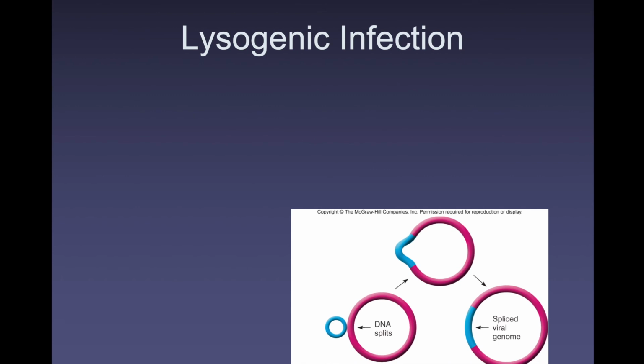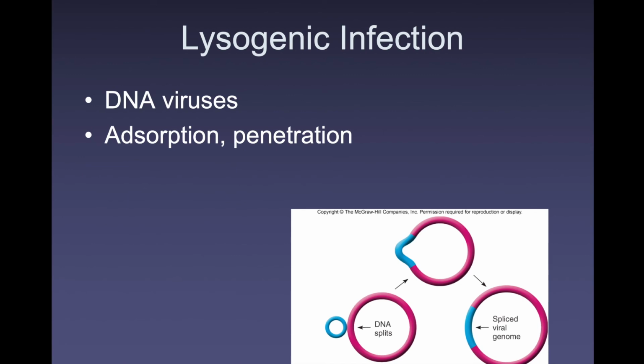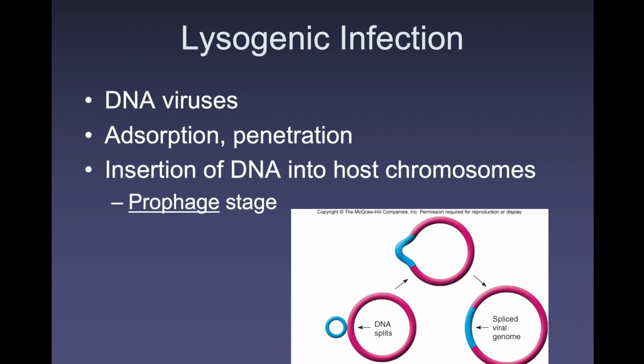Okay, and the third type of bacteriophage infection would be the lysogenic infection, or the lysogenic stage for a temperate phage. In this case, we are also dealing with DNA viruses. These guys undergo the process of absorption and penetration, just as we saw before with a lytic bacteriophage, but instead of progressing into a productive infection, after penetration, that DNA for the virus circularizes and then integrates itself right into that host chromosome.